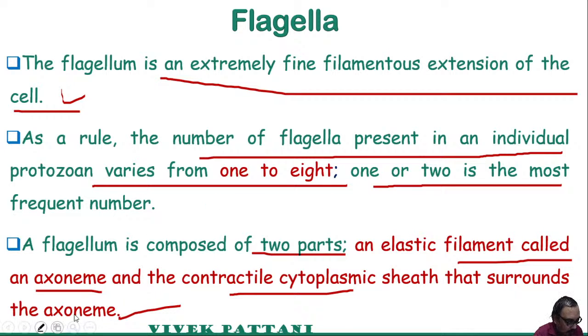For example, let us assume this one is a protozoan, and this is the axoneme, an elastic filament.